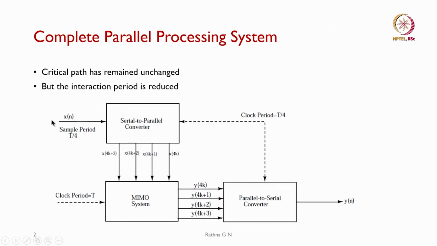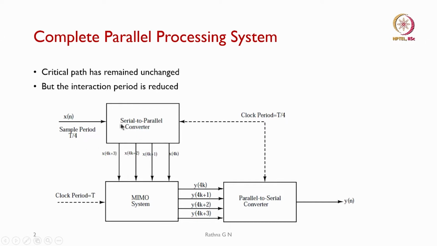So, x of n is the input. In this case, we will be considering 4 parallel lines, so that it gives you a flavor of how to take 2 parallel lines, 3, and now 4 parallel units. The sample period, we will subsample it to T by 4.